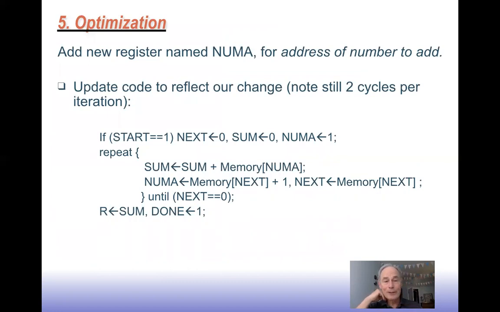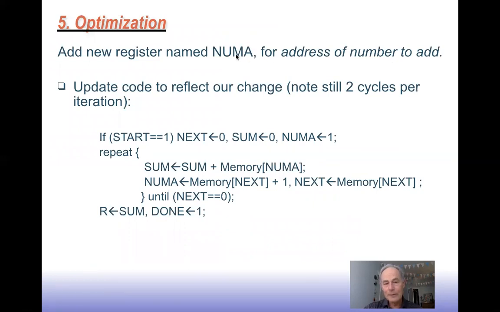Okay, so the way we're going to do that, and this is kind of like pipelining, is we're going to add more state register. In this case, we're going to name this register NUMA, which stands for address of number to add. All right, so we're going to update the code to reflect our change. We're still going to have 2 cycles per iteration, but we're going to change slightly what we do on each iteration.